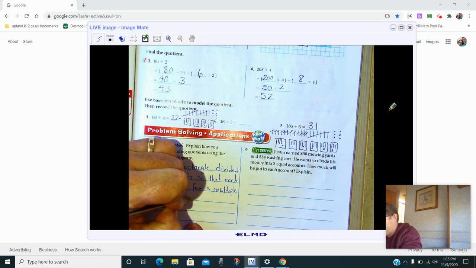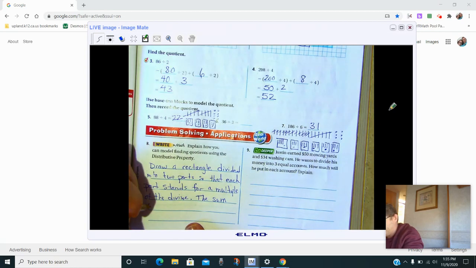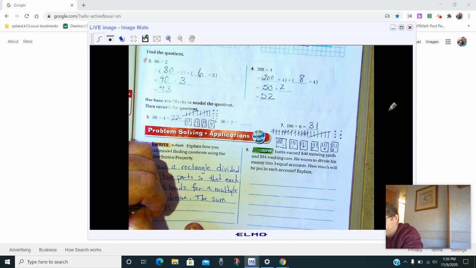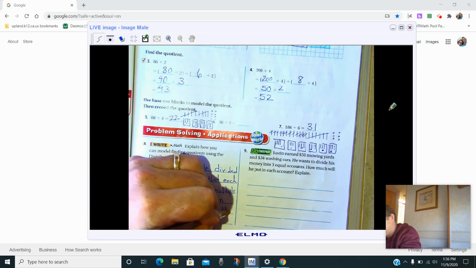The sum of the two numbers is equal to the dividend.